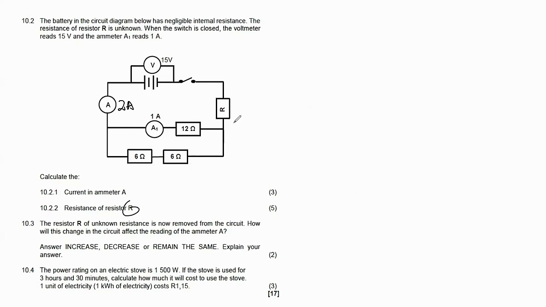So the first thing we would do is calculate the total resistance of the whole circuit. So R total will be equal to V total over I total. Now the V total is 15, the current total is 2. So 15 divided by 2, we get 7.5 ohms.